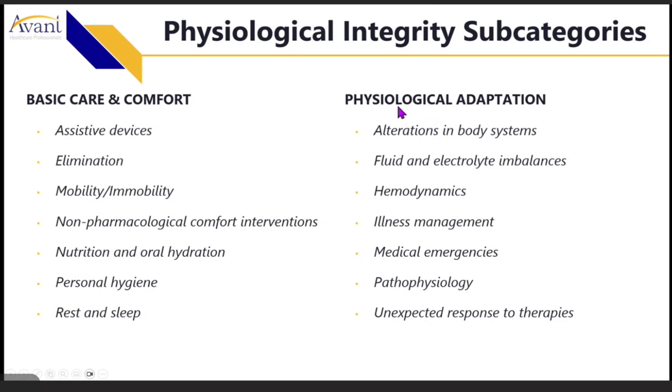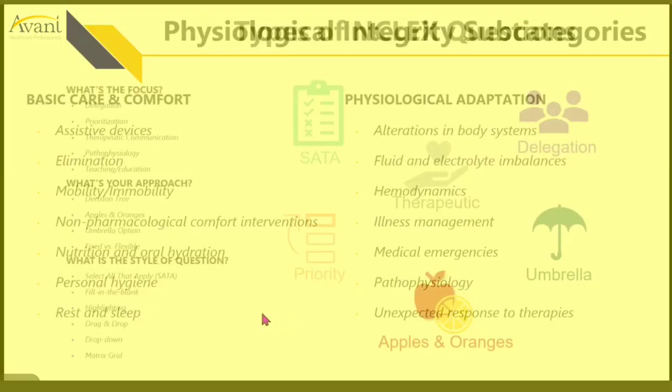And physiological adaptation focuses on alterations in body systems. That's every disease you can possibly think of, right? Everything that causes an alteration in our body. Fluid and electrolyte imbalances, hemodynamics, illness management, medical emergencies, pathophysiology, and unexpected response to therapies. So those are the topics that are actually in these two categories.